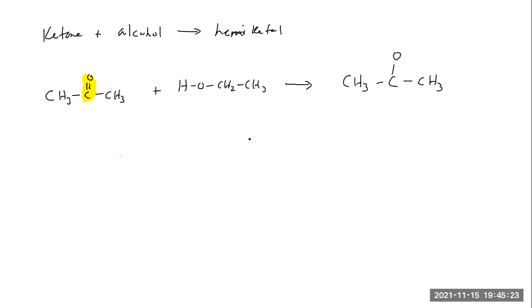The reason we're doing that is so that we could add our alcohol. And again, our alcohol will actually come in parts, which means we will have an H that's going to be added, and then our oxygen carbon part, which would be this part right here. So the H, just like before, will end up where the oxygen is.